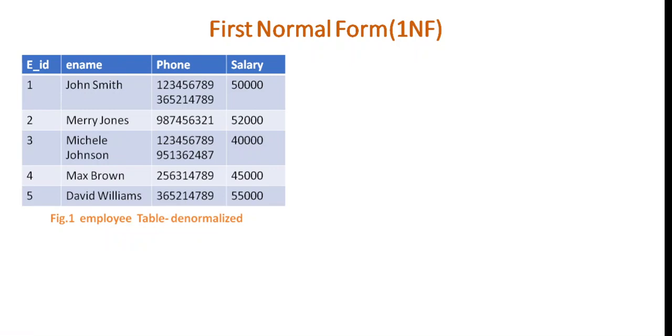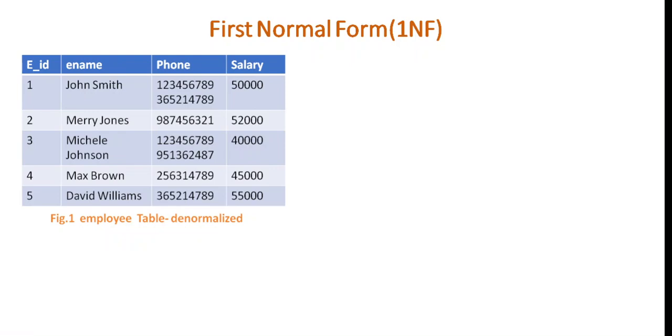See, it consists of four attributes as given in the ER diagram: employee ID, employee name, phone and salary. Employee ID is the primary key, that's why it has a unique value and a single value for each row. Now look at employee name. Employee name is a composite attribute which is a combination of first name and last name. So here we have stored the first name and last name of the employee in a single attribute.